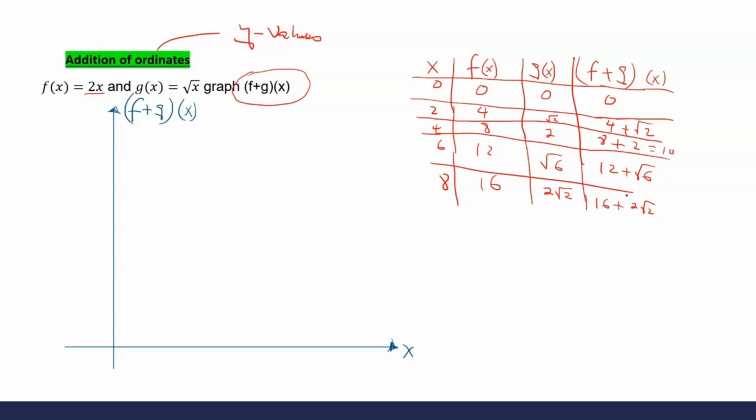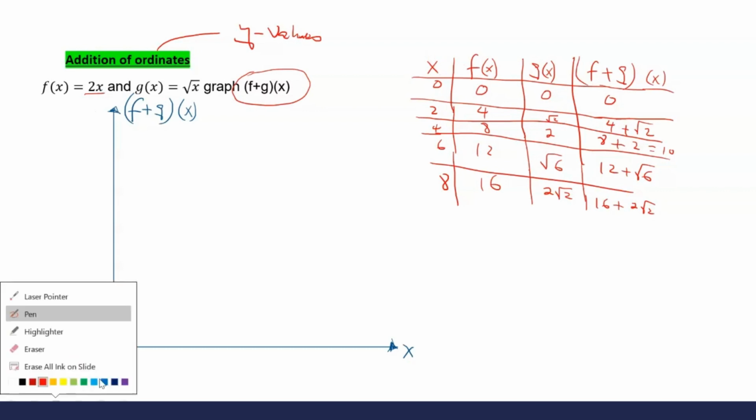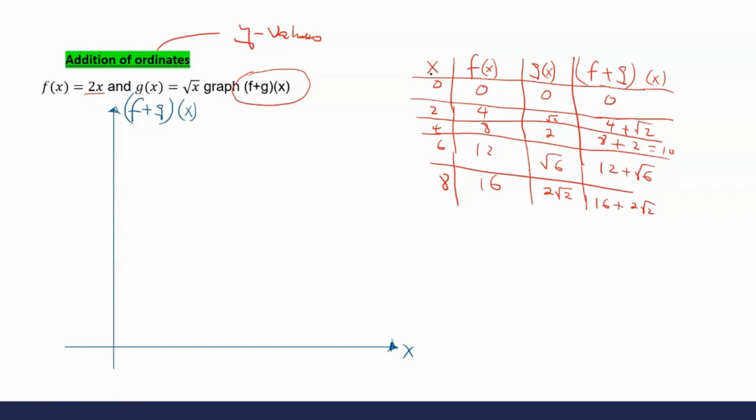The next thing is just to sketch these, the x value versus the y value. So let's see if I can get a different color on that. My set of x values are 2, 4, 6, 8, and my y values go up to roughly about 18, so it's going to be up to 20 if I use increments of 2 again.